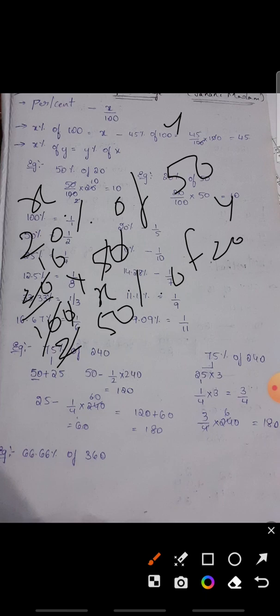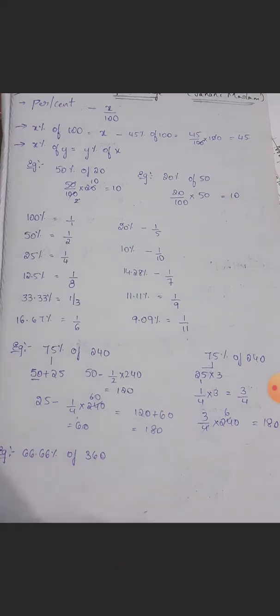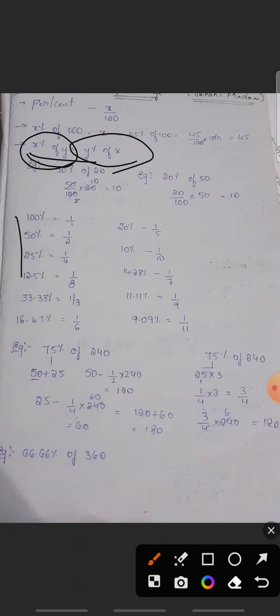Here 50% means 50 divided by 100 into 20. The 0 gets cancelled, and the 2 and 5 cancel, and it will be 10. So totally we got 10 in both the cases. So from this it is proved that x percent of y is equal to y percent of x.